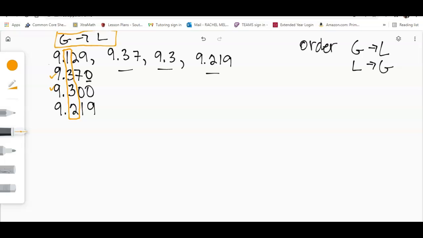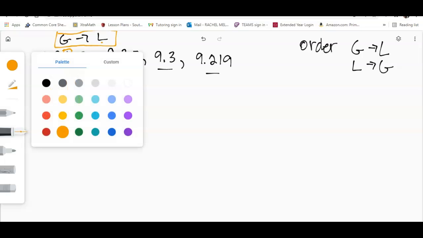And since I'm going greatest to least, this 1 has to be my lowest number. So I'm going to put a 4 next to that because I know it has to be my last number going greatest to least. And because of that, the 2 would have to be my next to last number.